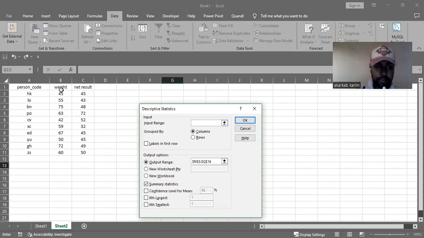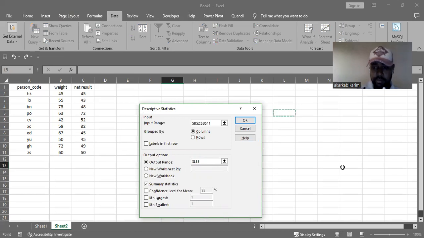Well, I will choose this one, this weights column. I will just show you with Excel how we can do the descriptive statistics. The output I will also change, just choosing other empty cells.